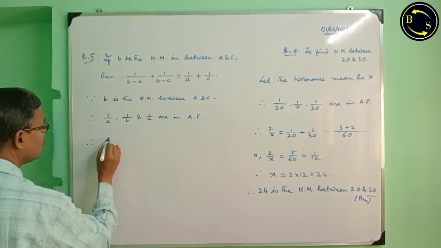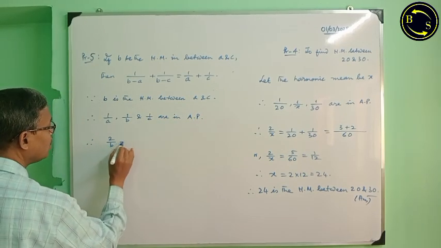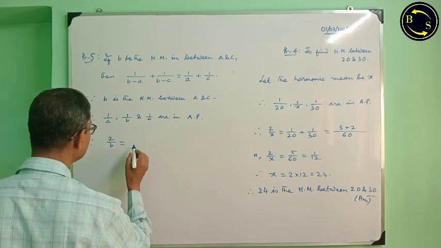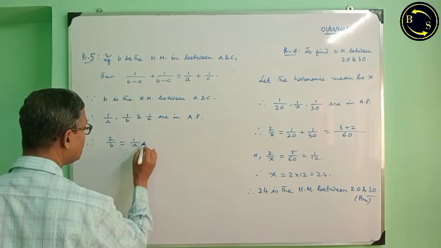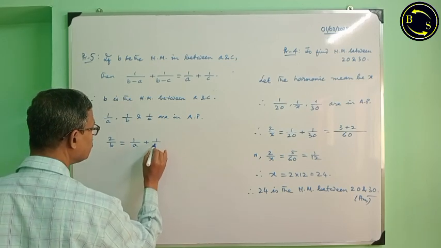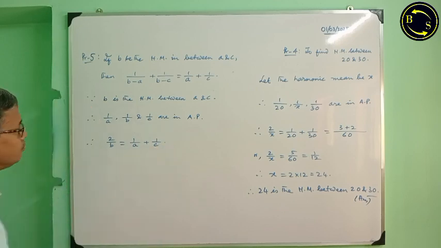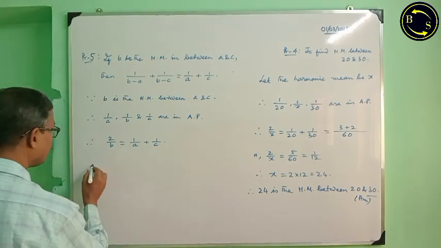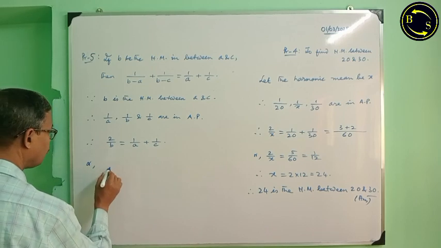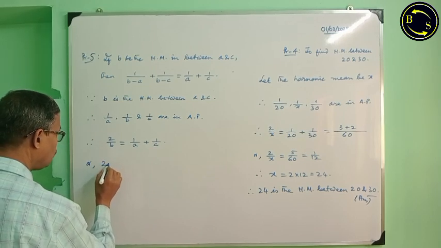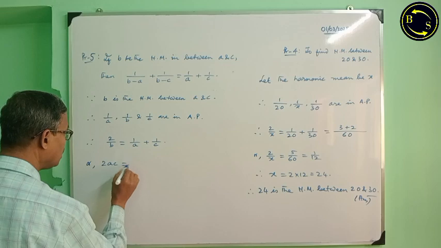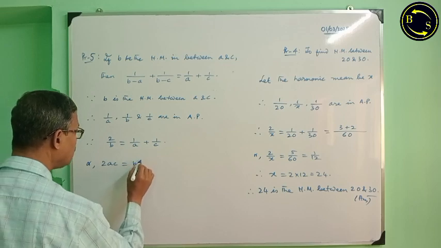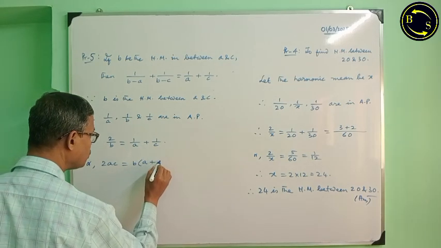Therefore 2 by B is equal to 1 by A plus 1 by C. Or 2AC is equal to B into (A plus C).